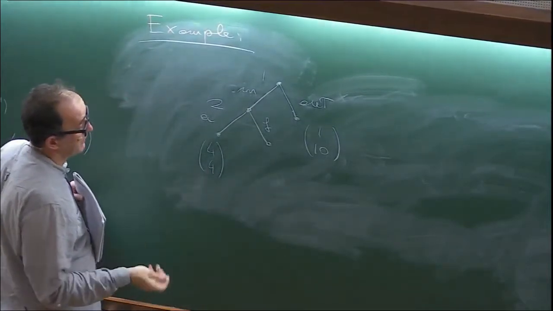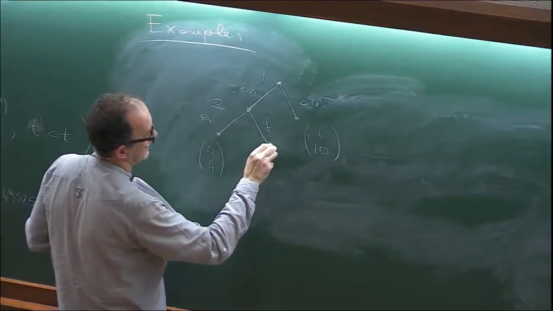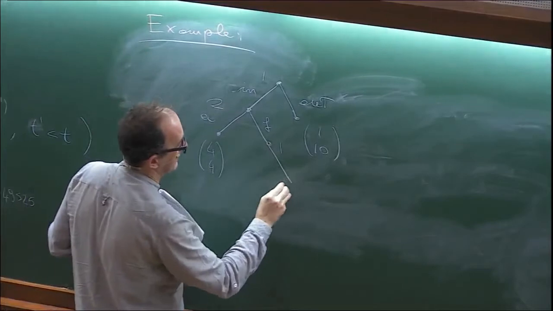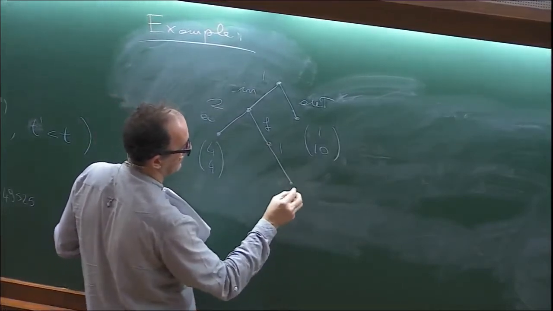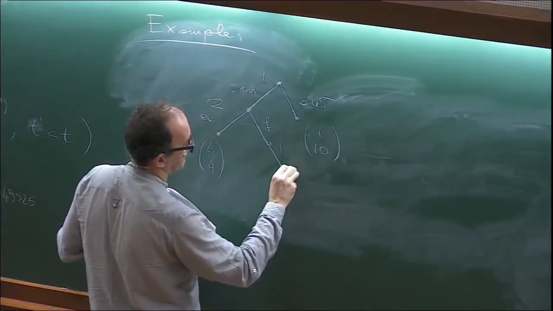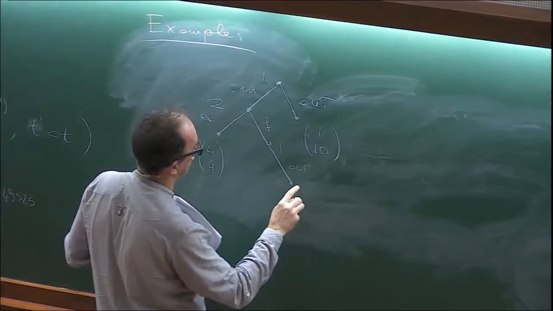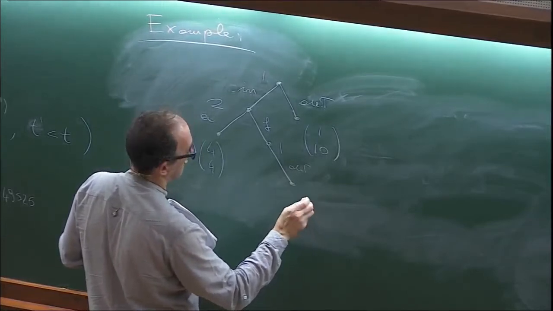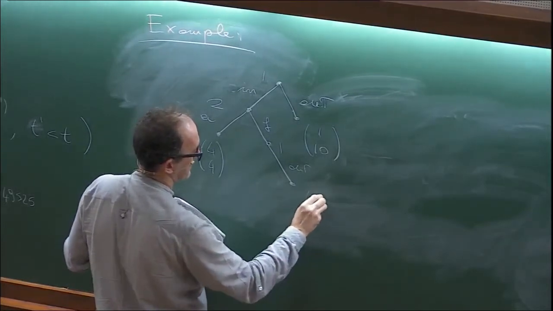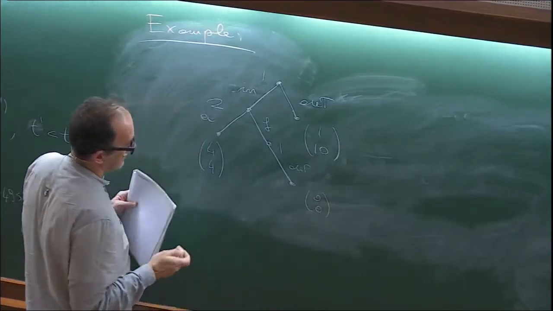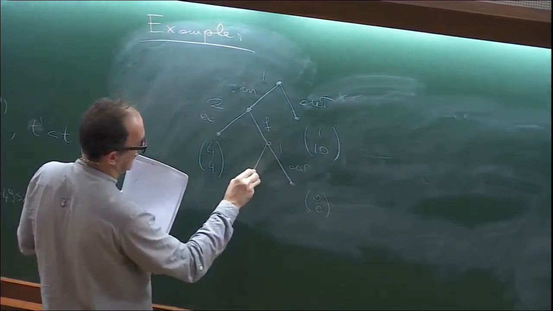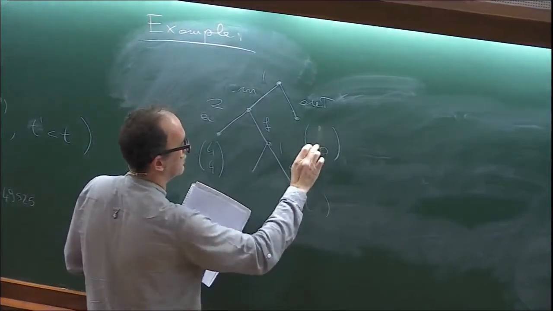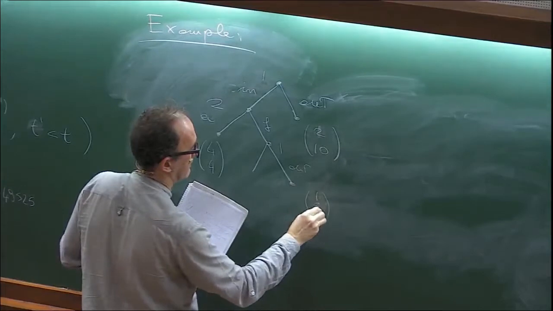If she decides to fight, then it is the turn of the first player again. He can decide to stay out, and in this case he will get a payoff of 0 and 5, to be complete.